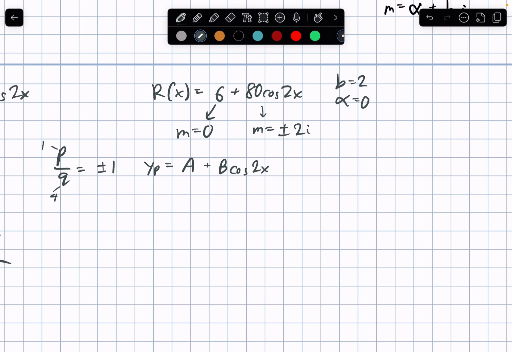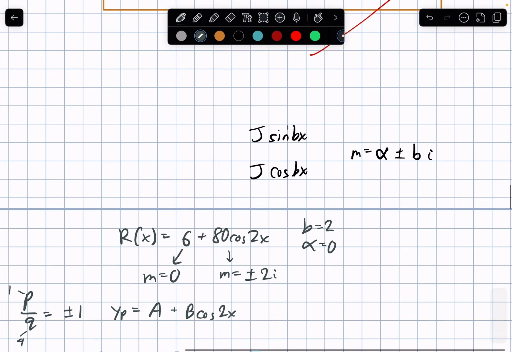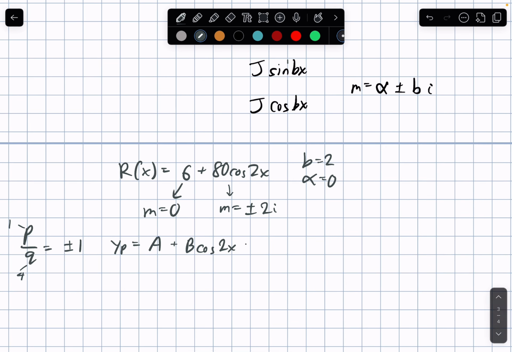I also forgot something else. If ever you see a transcendental like this, any of these actually, in making your initial guess of y sub p's format, you need to write out its corresponding partner. Right now we have cosine, so the other one will be sine.